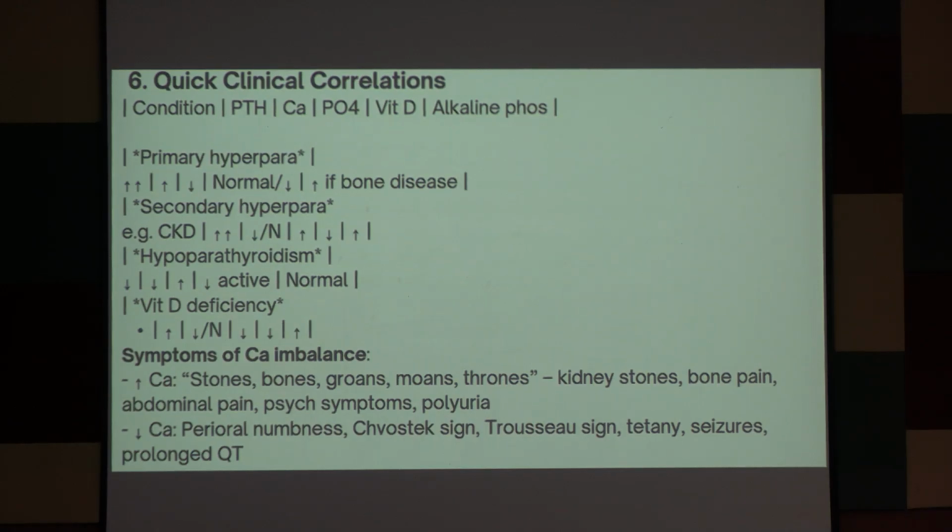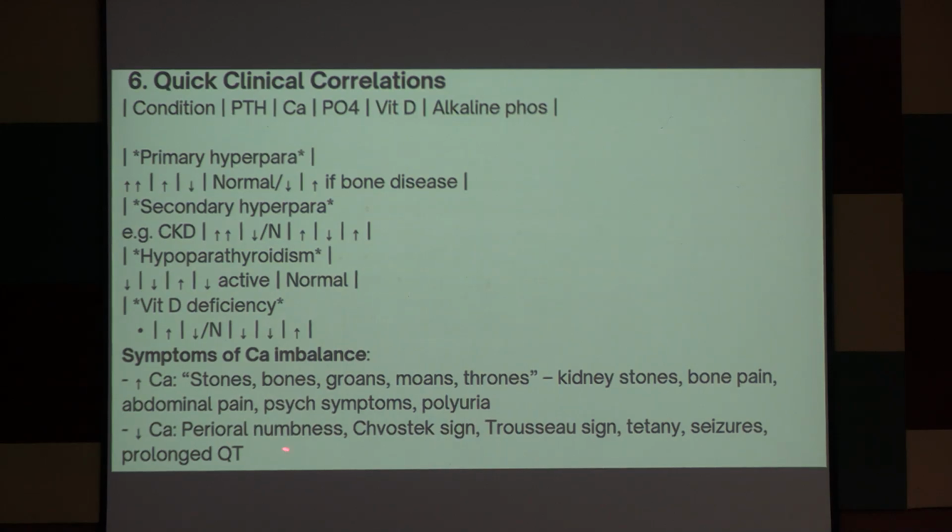So there is metastatic calcification, and there is calcification on dead tissue. Whenever there is an increase in calcium, that will make stones in different parts of the body. There are different types of stones; I will not discuss that now. Bones will have depositions of calcium. Stones, bones, groans, moans and thrones: kidney stones, bone pain, abdominal pain, psychiatric symptoms and polyuria.